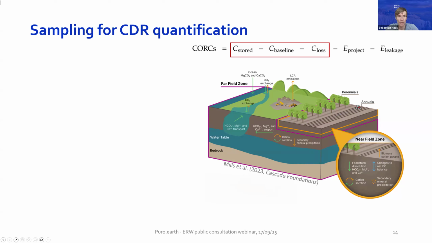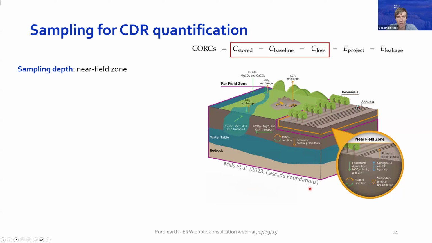So the first dimension is the vertical dimension of sampling depth, and for that we incorporated the now fairly common near field zone, far field zone concept that potentially was introduced by the Cascade Foundation in 2023.